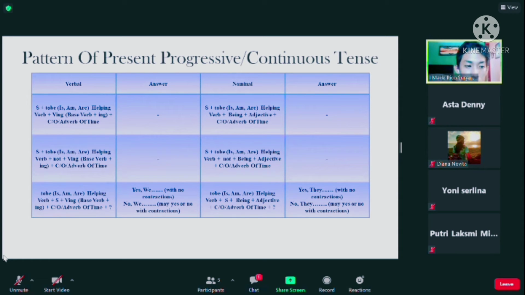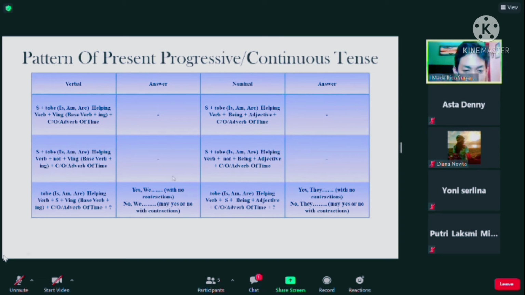And for the negative form, you only need to put not between the helping verb and the verb. For the interrogative, you only put the to be forward. So the example will be like this: I'm teaching English right now. I am not teaching English right now. Am I teaching English right now?